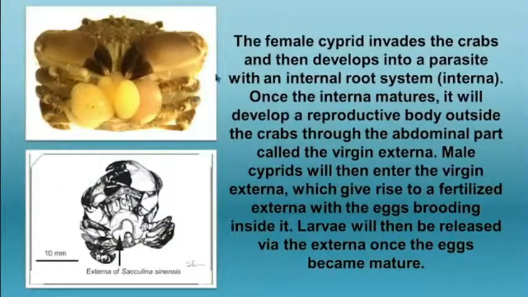Eventually, this is what happens. This is the female cyprid. It invades crabs, and that develops into a parasite with an internal root system. And once the interna matures, it will develop a reproductive body outside of the crab. So this is not the crab's reproductive body, this is a parasite. Fascinating.